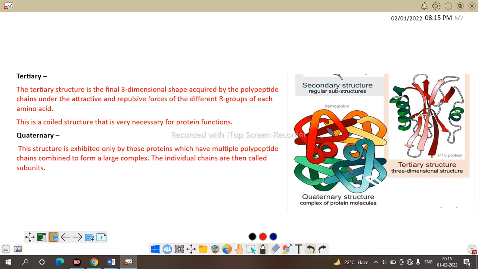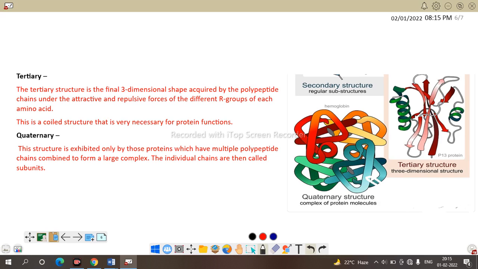Next is the quaternary structure. This structure is exhibited only by those proteins which have multiple polypeptide chains. Those proteins with multiple polypeptide chains help in the formation of the quaternary folding of a protein.